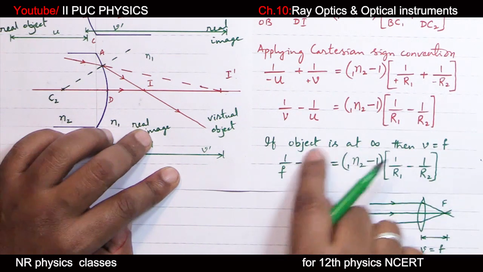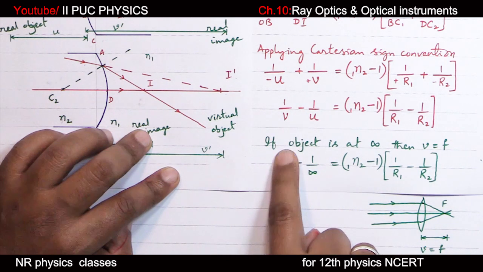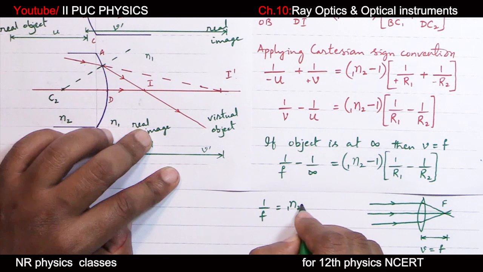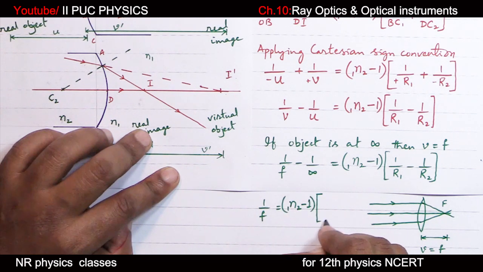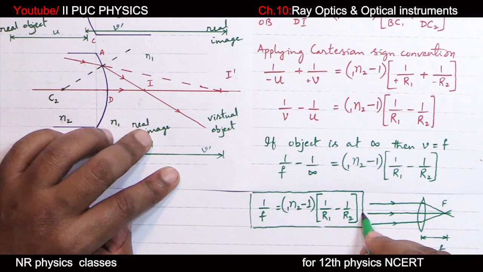Therefore in this expression, this 1 by infinity is 0. Therefore 1 by f equal to N21 minus 1 into 1 by R1 minus 1 by R2. This is the required expression.